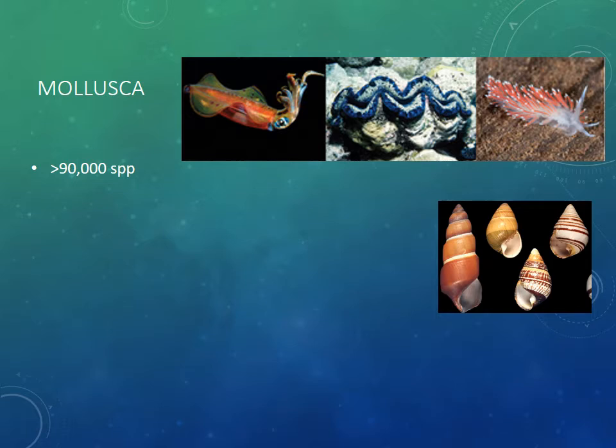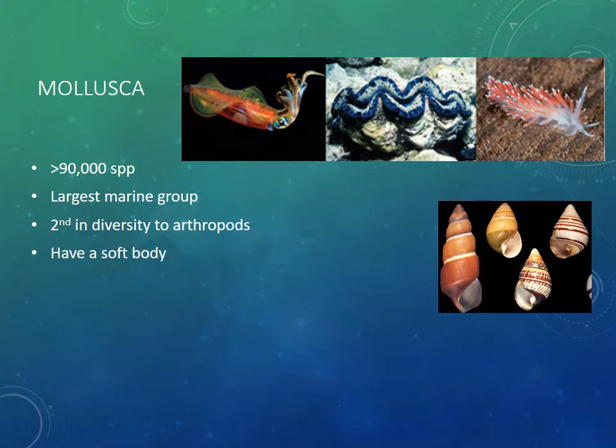So mollusk, 90,000 species, ton of species, compared to a lot of other animal groups, for sure. It's the second most diverse, next to arthropods, which is just a staggering amount of species. Truly insane what they do. And this is one of the larger marine groups out there, characterized by having a soft body, but they can have a shell.